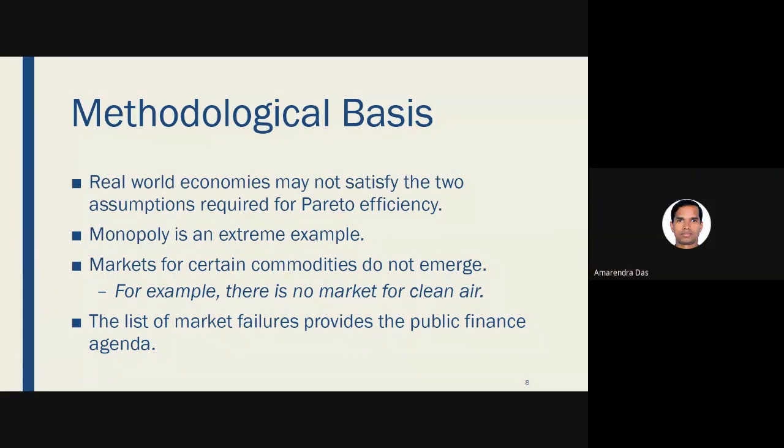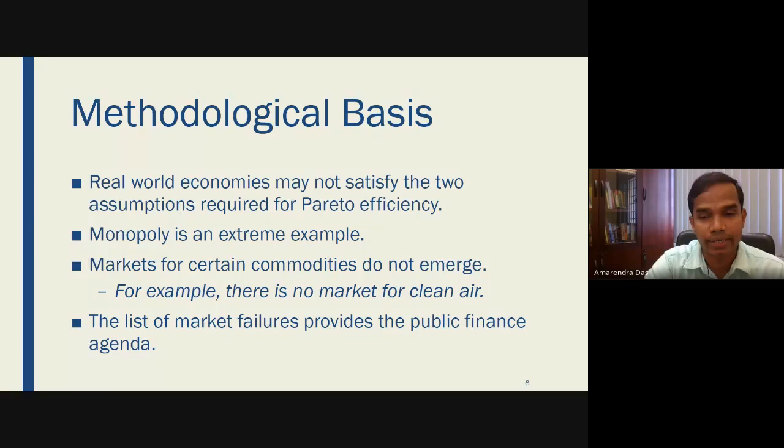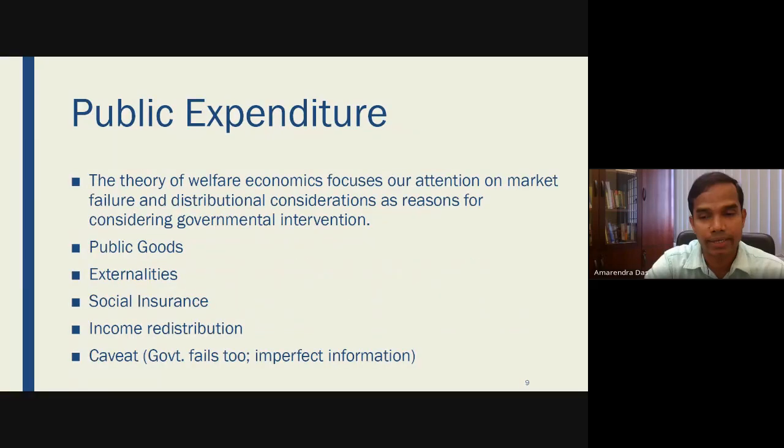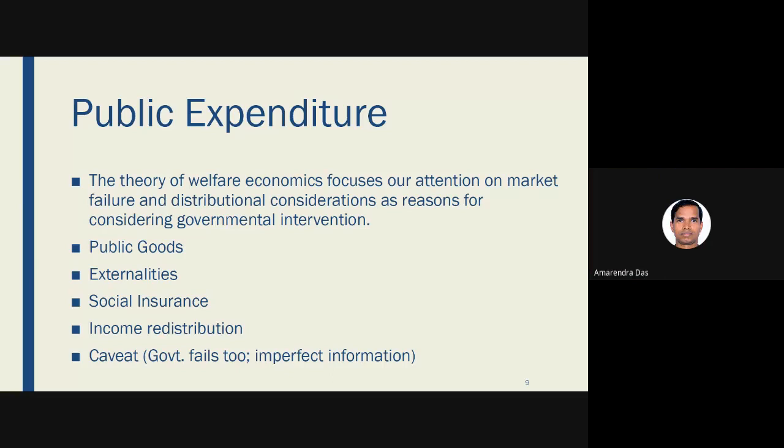Then we discussed market failure. Market failure is when the market fails to provide the socially desirable level of output at socially desirable levels of prices.